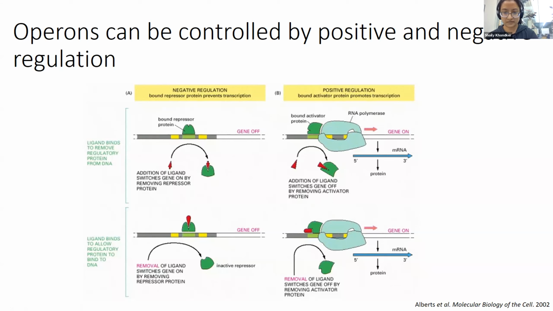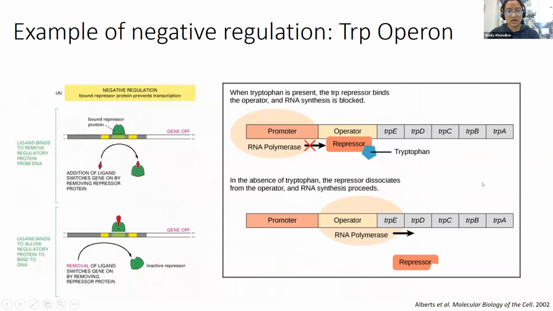Similarly, in terms of positive regulation, an addition of a ligand can switch the gene on by activating an activator protein, or removal of a ligand can switch the gene off by removing the activator protein. A good example of negative regulation of an operon is the trp operon.